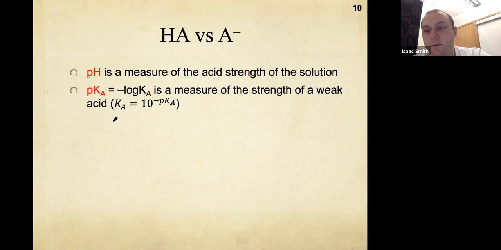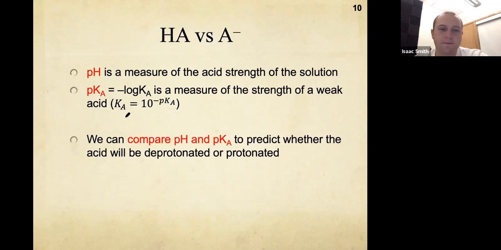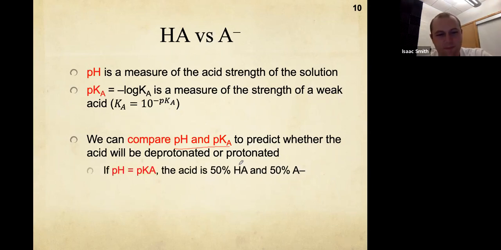If the pKa is small, then the acid is weaker, okay? So comparing pH and pKa, you can predict whether the acid that you're talking about will be protonated or deprotonated. Deprotonated would be if the acid gave up its proton. Protonated would be if the acid is maintaining its proton.